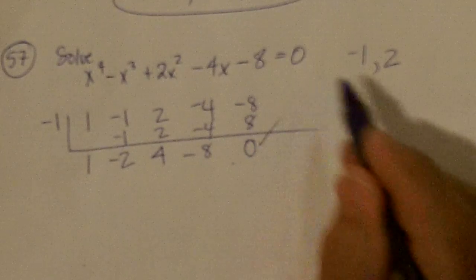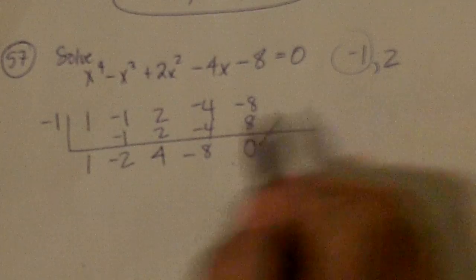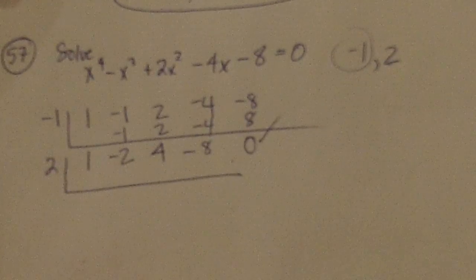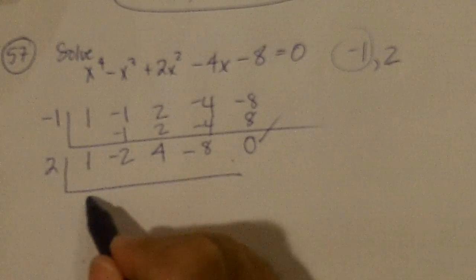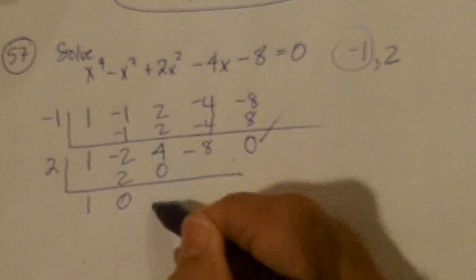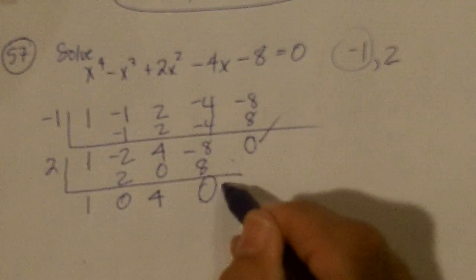It worked. Awesome. So we know negative 1 is one of the answers, so let's make sure 2 is. It didn't bounce, that's why I'm not going to try it again. And 1 plus 0 is 1, times 2 is 2, that's 0. That's 0, that's 4 when I add, and that's 8, and that's 0, so that's awesome.